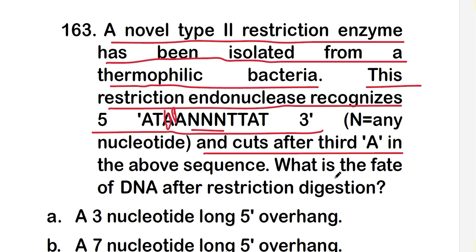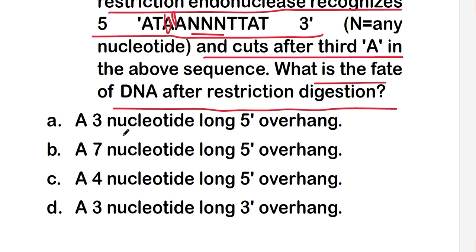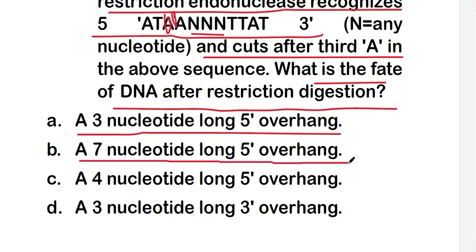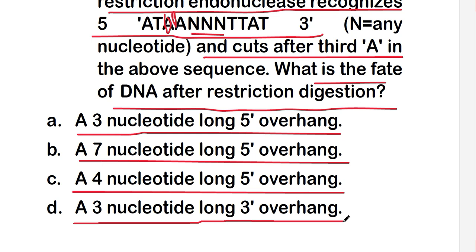So what is the fate of DNA after restriction digestion? The options are option A, a 3 nucleotide long 5' overhang, option B, a 7 nucleotide long 5' overhang, option C, a 4 nucleotide long 5' overhang, or option D, a 3 nucleotide long 3' overhang.